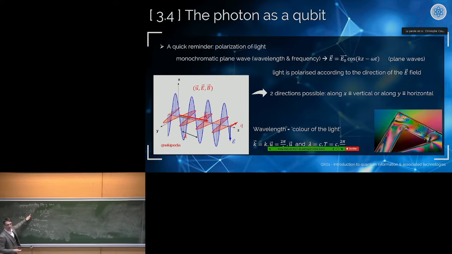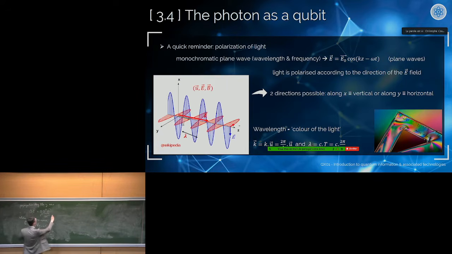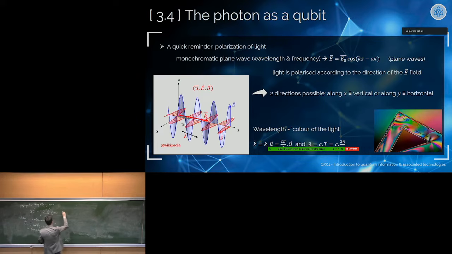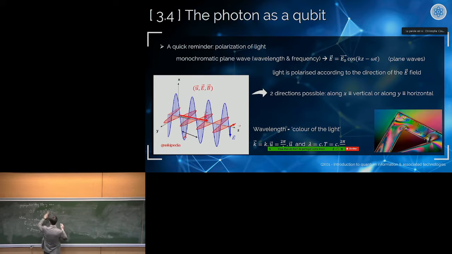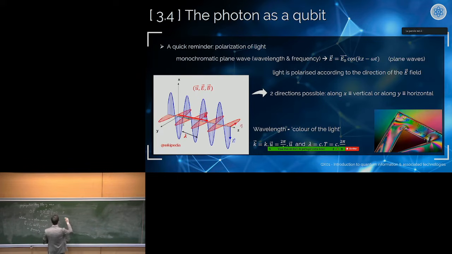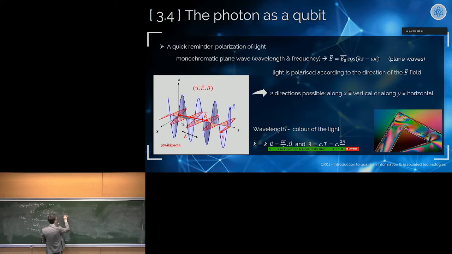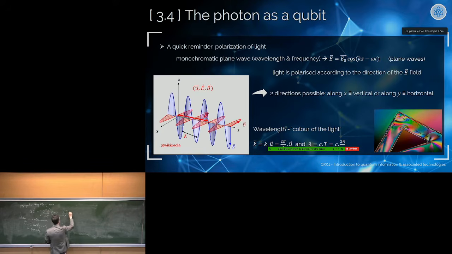So if I have only one dimension, this so-called D'Alembert equation, if I remove the vector dependence, then all I have is a dependence in z only.